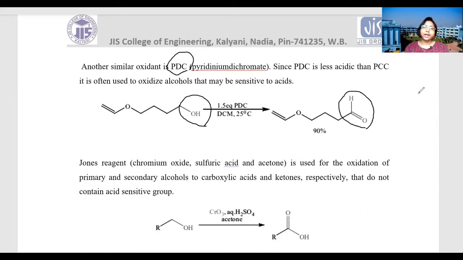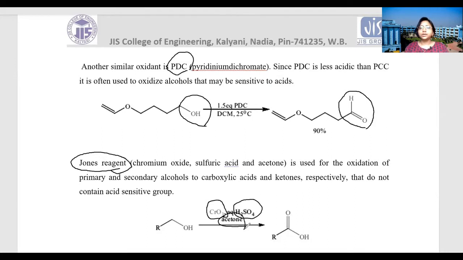Next, another oxidizing reagent is the Jones reagent. It contains chromium oxide, sulfuric acid and acetone. It is CrO3, the chromium oxide, and H2SO4, and there is the acetone.